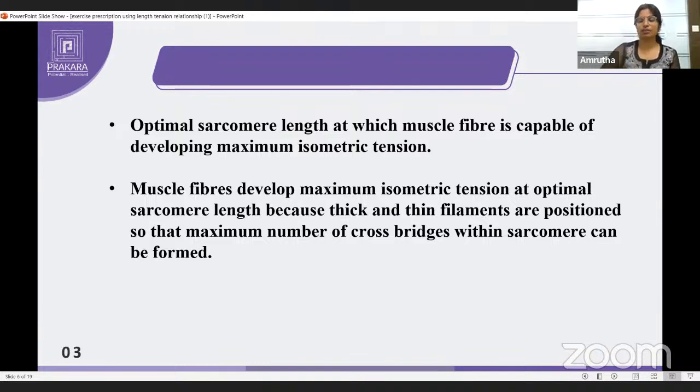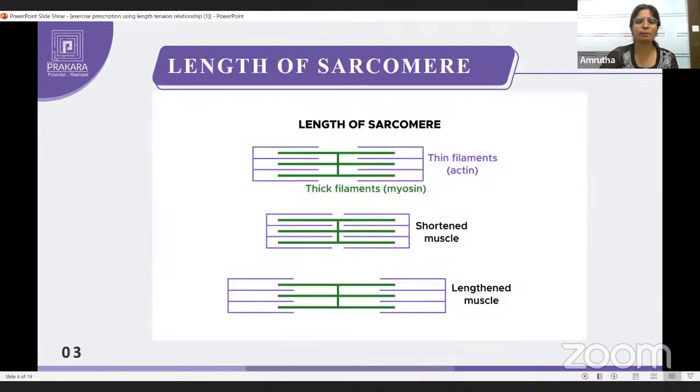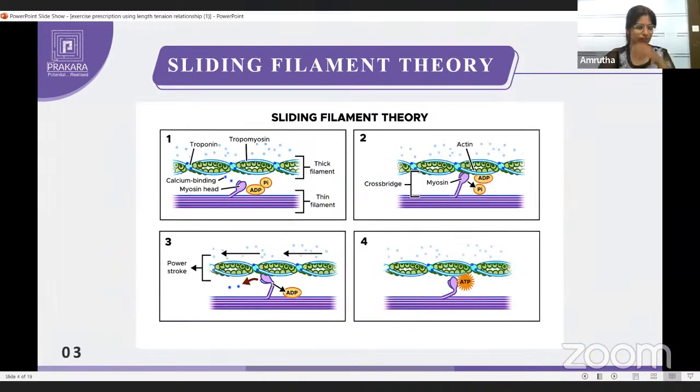Whereas here, you can see the next point: muscle fibers develop maximum isometric tension at optimal sarcomere length because thick and thin filaments are positioned so that the maximum number of cross bridges within the sarcomere can be formed. Coming back again to the sliding filament theory, this is one myosin head.